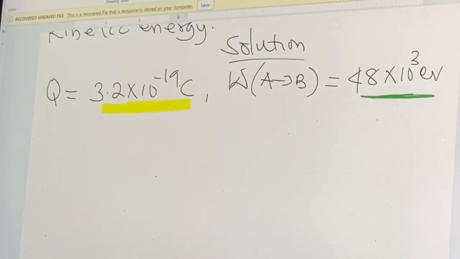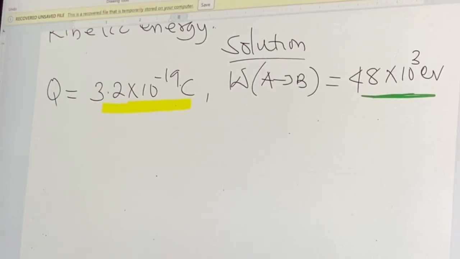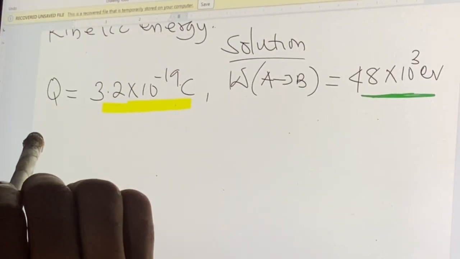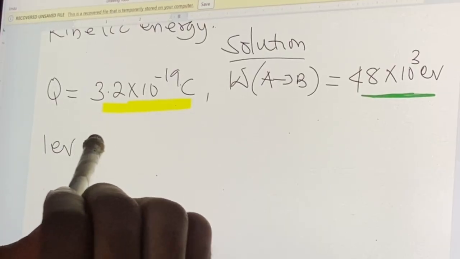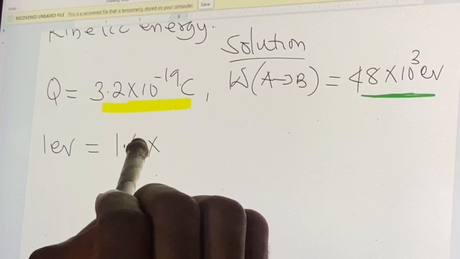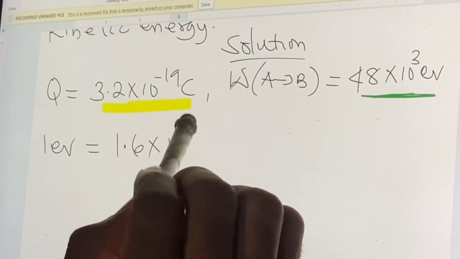That is the proper SI unit. How do we change from electron volt to joules? Now, to change from electron volt to joules here, this is what you have to know, that 1 electron volt, from the conversion, is equal to 1.6 times 10 raised to the power of minus 19 joules.